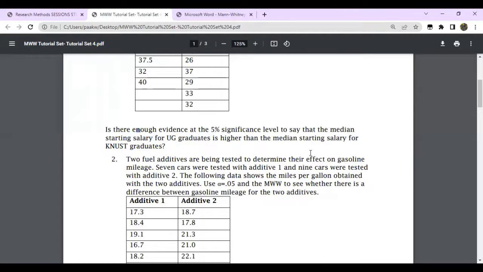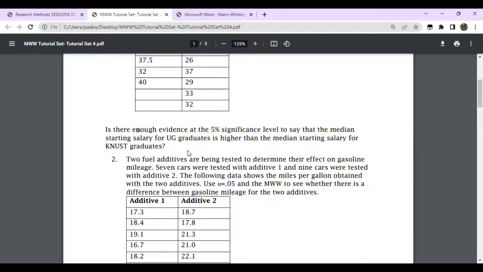And we are failing to reject H0, meaning we are accepting the H0. Do you get it? Then H0 is actually true.